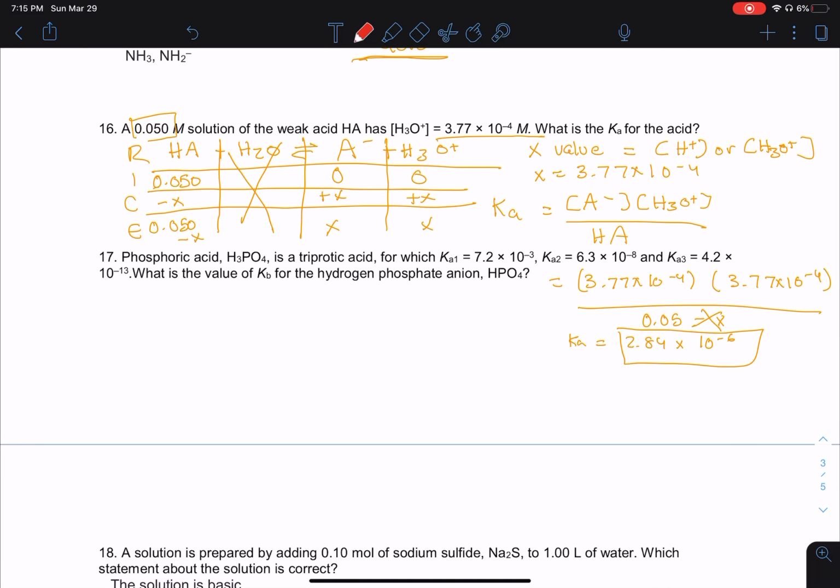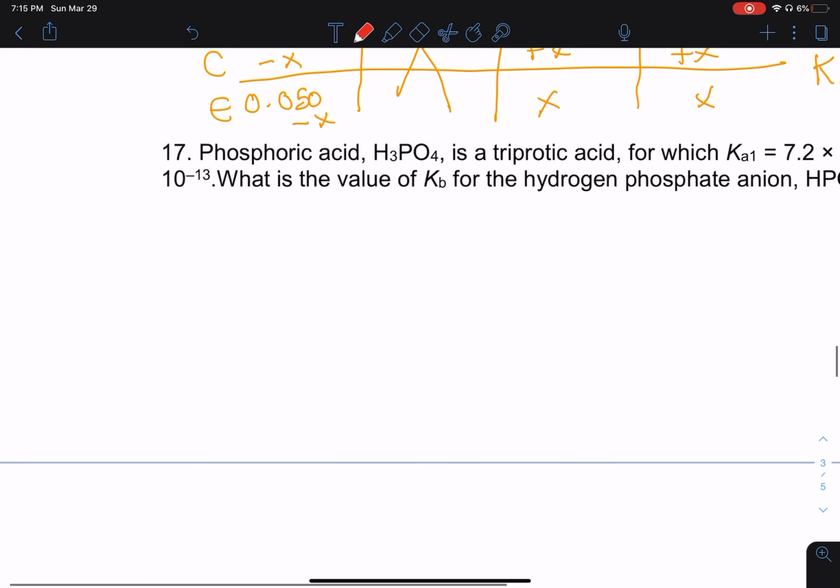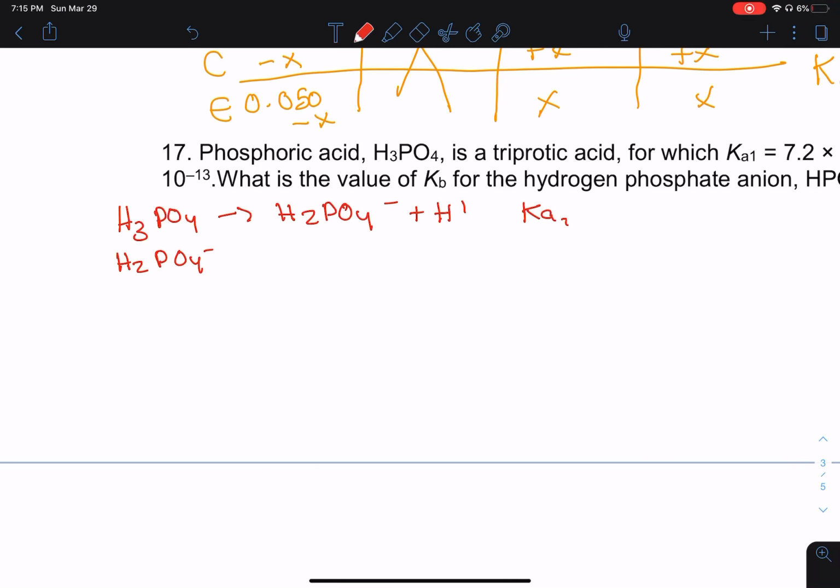So the dissociation steps for phosphoric acid are as follows. We start out with H3PO4, and that gives us H2PO4 minus plus H plus, and that will be given as Ka1. Then we have H2PO4 minus, that will give us HPO4 2 minus plus H plus.